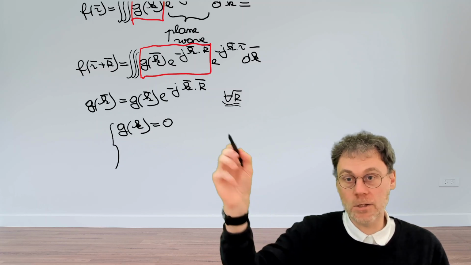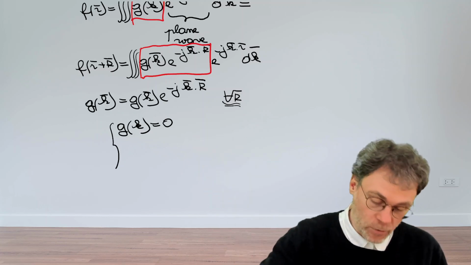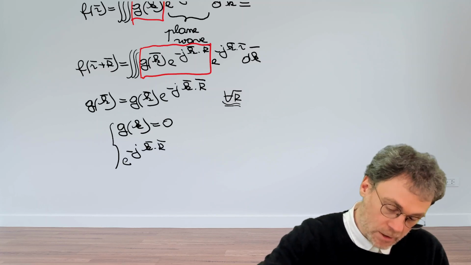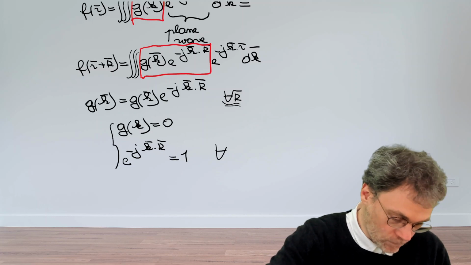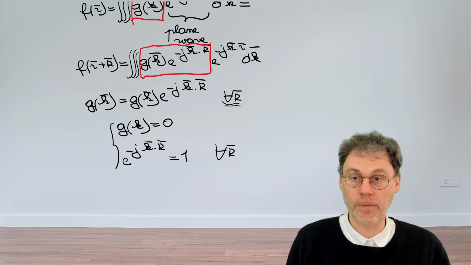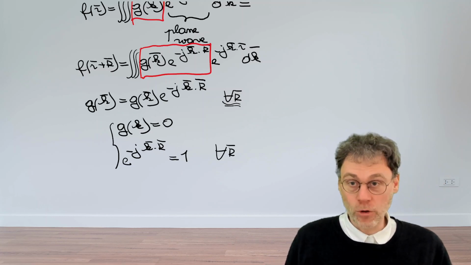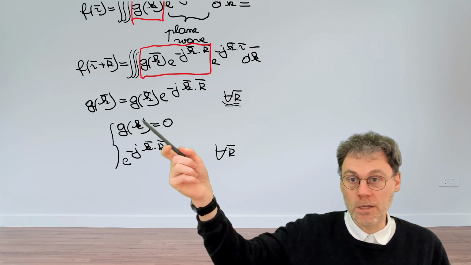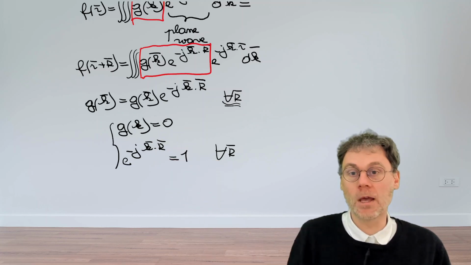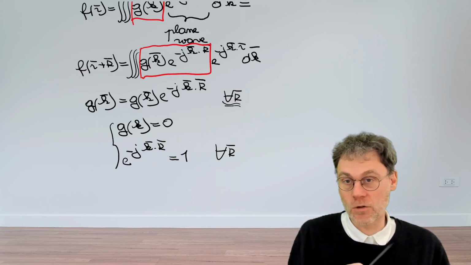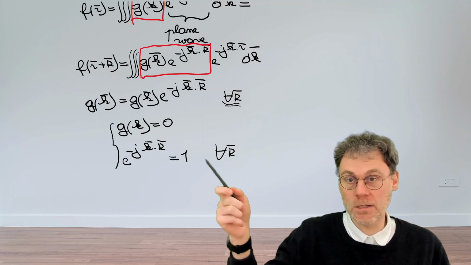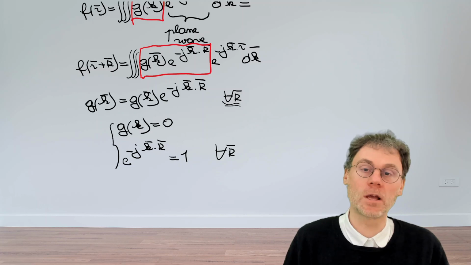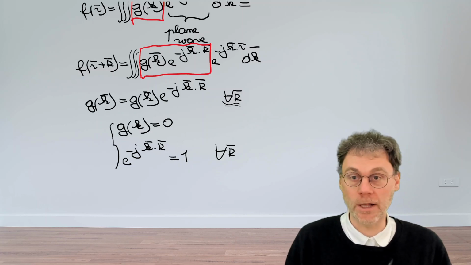The second case is when this complex exponential evaluates to unity, so exponential minus j k R equals 1, again for all lattice vectors R. But this is a very important conclusion, because it means that our Fourier transform g of k will be 0 most of the time, except for very specific, discrete cases where this particular condition holds: exponential minus j k R equal to 1 for all possible lattice vectors.